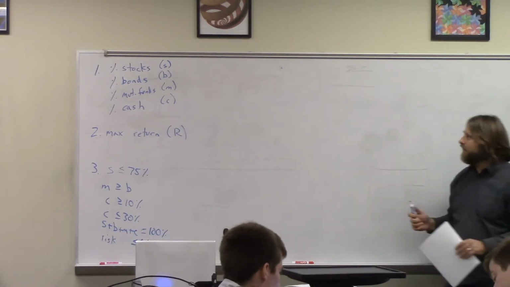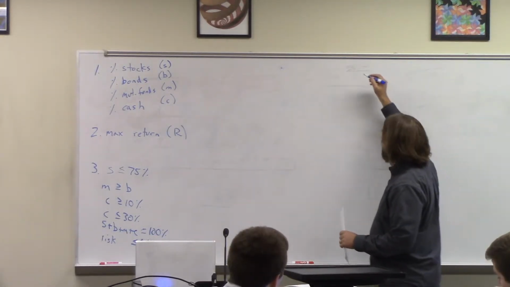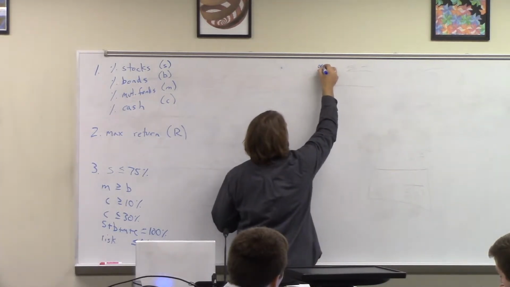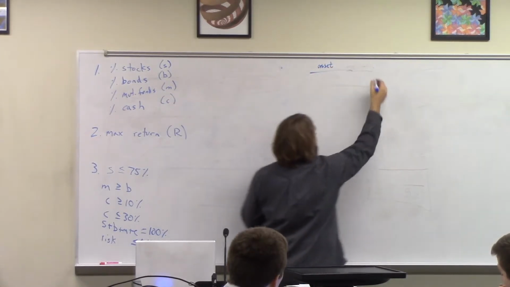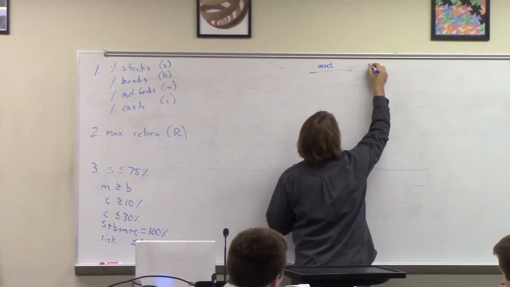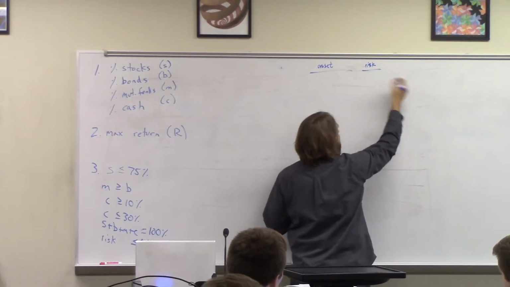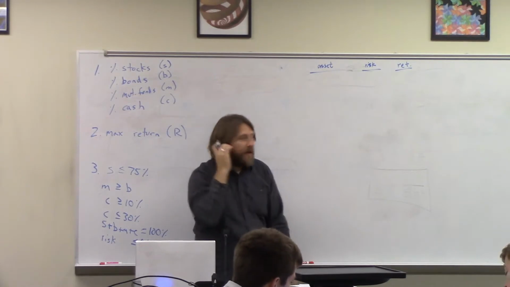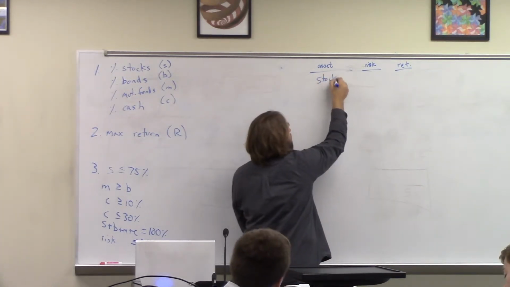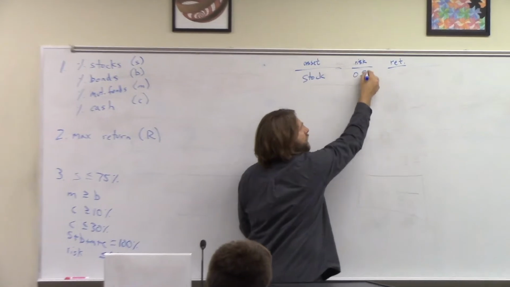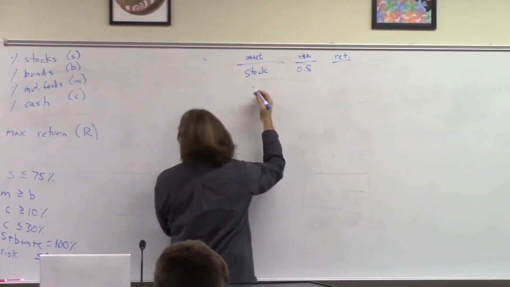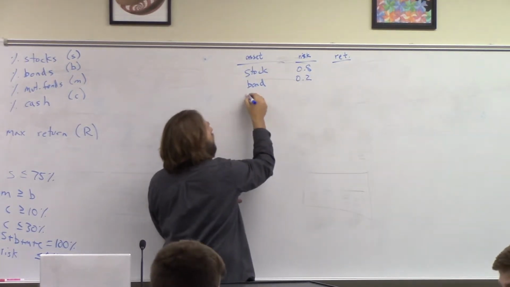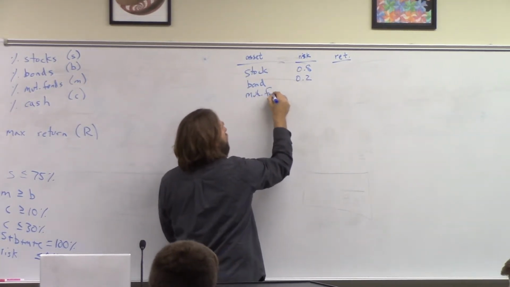It doesn't make sense. So what your textbook had is it basically had a table where it had your asset type, and then it had a risk profile, an inherent risk profile associated with it, and an expected return for each one of these types. And so for stocks, what was that, 0.8, was that the value there? For bonds, 0.2. For mutual funds, it was 0.3.